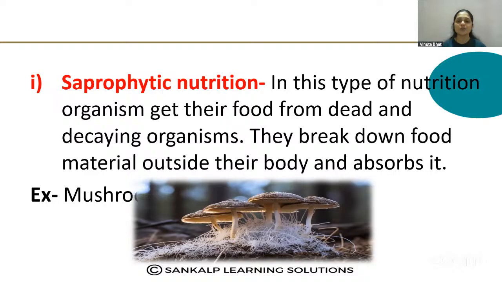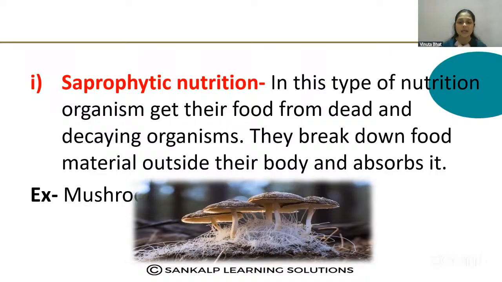Okay, so they break down food materials outside their body and absorb it. For example, in mushrooms you can see saprophytic nutrition. Saprophytic nutrition means they break down the dead and decaying materials into small particles, they break down complex nutrients into simple ones, and they absorb it.